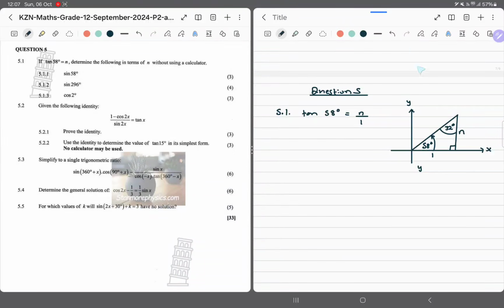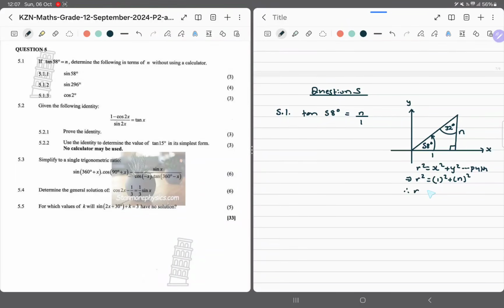We know that r squared is equal to x squared plus y squared. And we know this from Pythagoras. Please don't need a second invitation to do this calculation. Just get on it. X is 1 squared plus y is n squared.